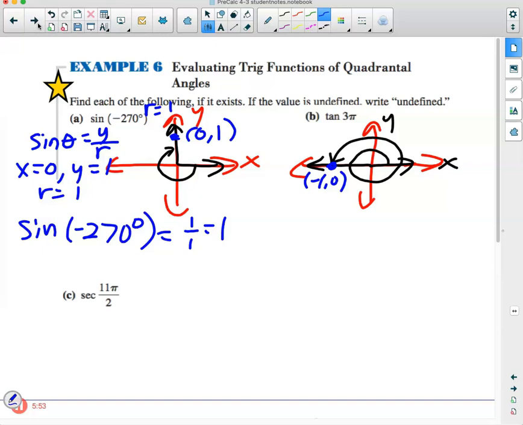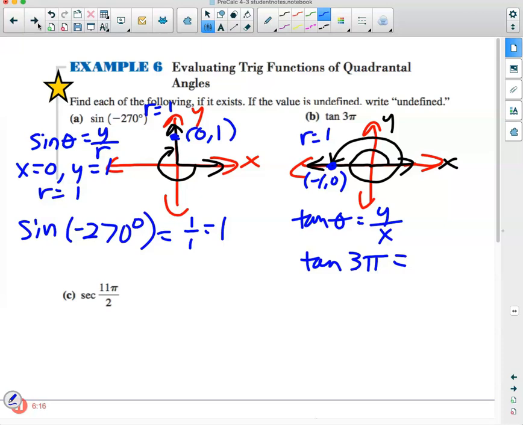And again, that forces my radius to be 1, using that unit circle thinking. And tangent of theta is y over x. But in this case, we know it's tangent of 3 pi. And we just have to figure out what y is and what x is.